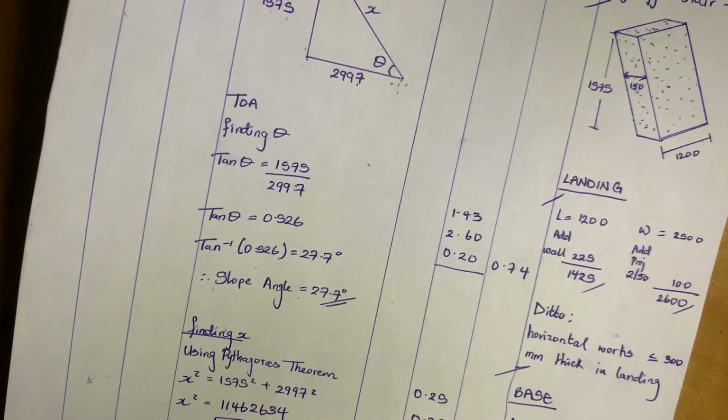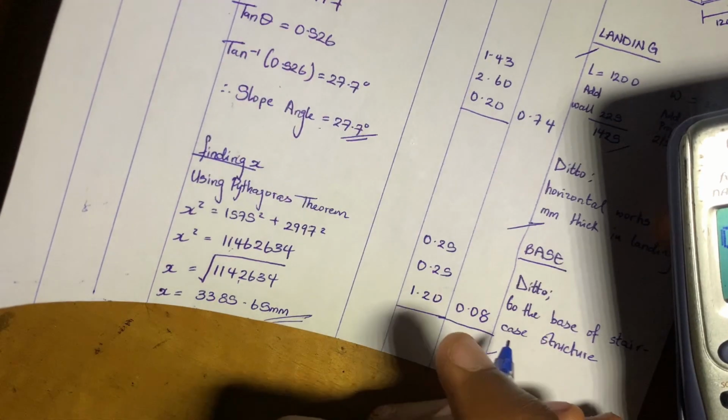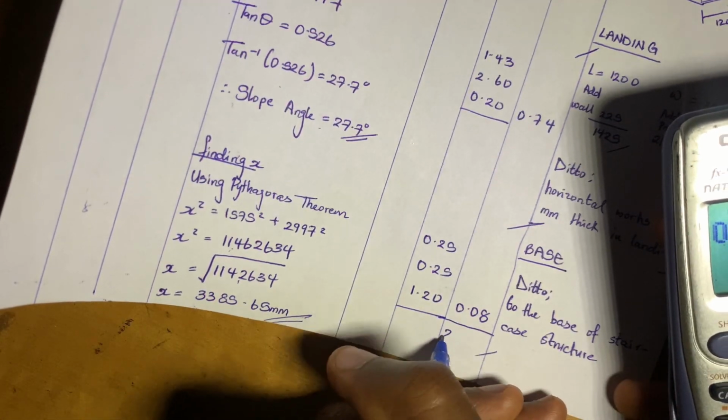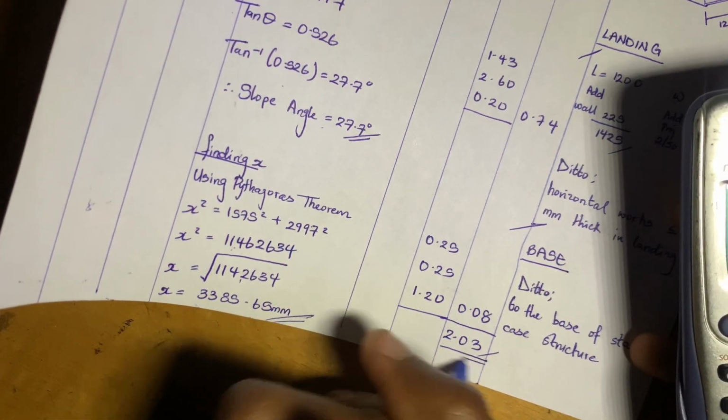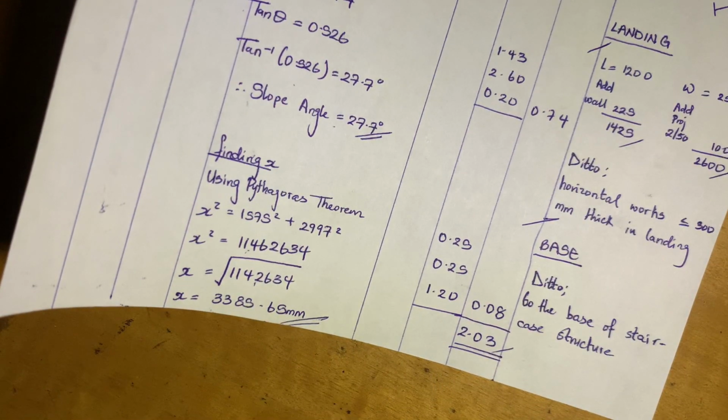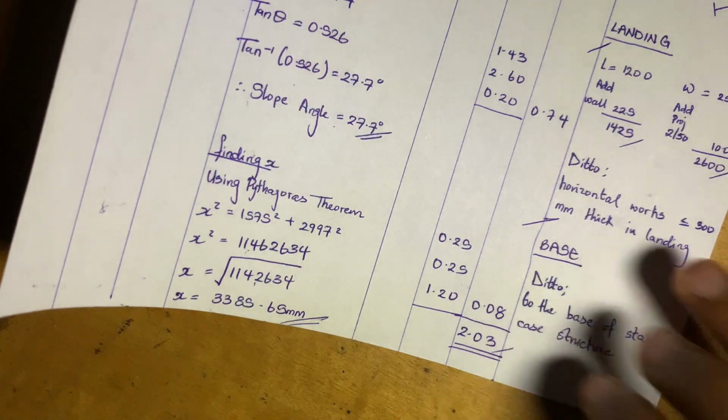What do we have? That will give me what? 2.03. So 2.03 is the total volume of concrete that we're going to be needing to construct the steps, waist, landing, and the base of what?